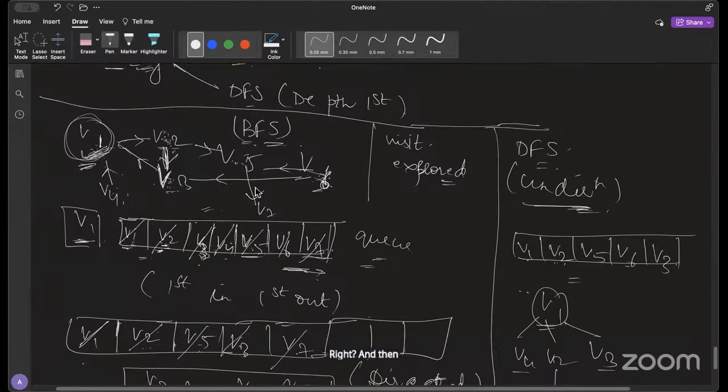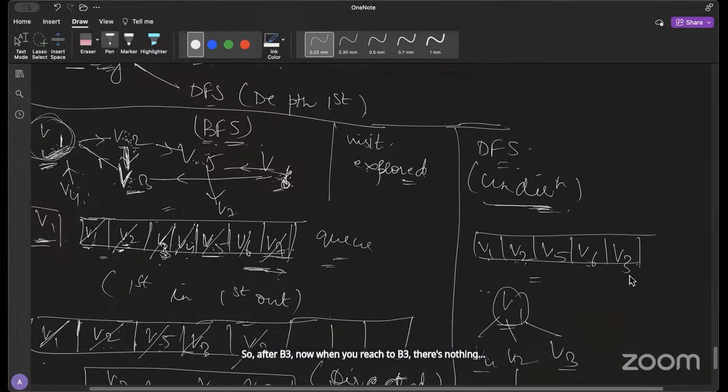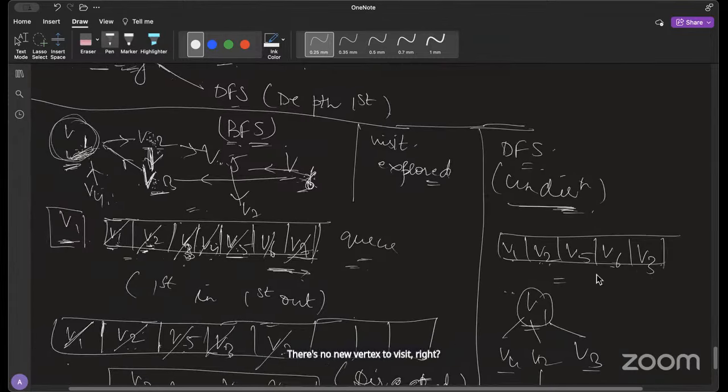Now when you reach V3, there's no new vertex to visit. First you start from V1, going into depth, you reach V2, then depth V5, then depth V6, V3, and then V1 has already been visited. That means you don't have to write it again in this stack.